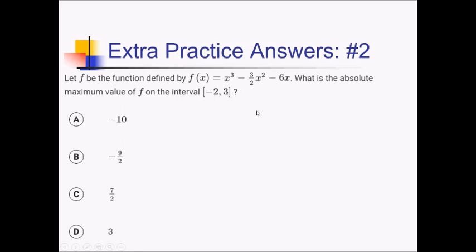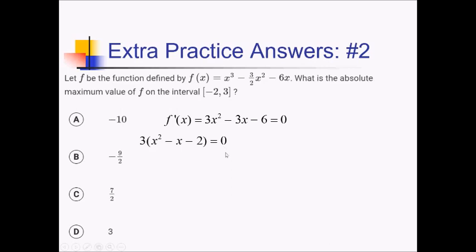To see if there are any, we take the derivative of this, f prime, and see what zeroes that out. So I've got 3x squared, and then this next one is minus 3x minus 6, and we'll see where that equals 0. So I can factor a 3 out of all these to make my life a little easier. That's going to be x squared minus x minus 2 equals 0.